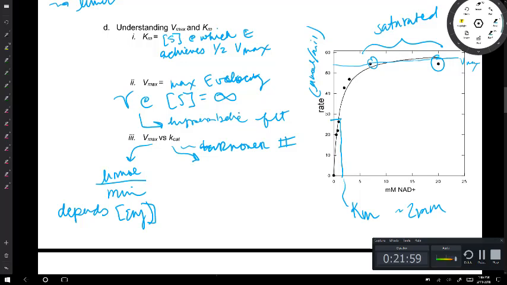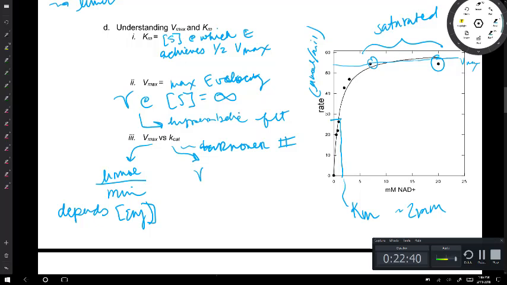So if you and another lab group have a different dilution for your Michaelis-Menten kinetics, your LDH concentration is going to be different, and you're not going to be able to directly compare your Vmaxes, because you're going to have a different maximum velocity that the enzyme can achieve based on the concentration. So Vmax isn't always useful for comparing two different studies. And so for that, we use the kcat, or the turnover number.